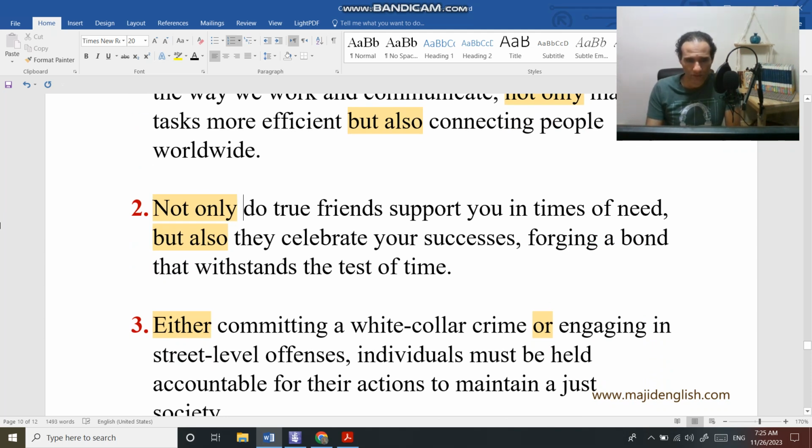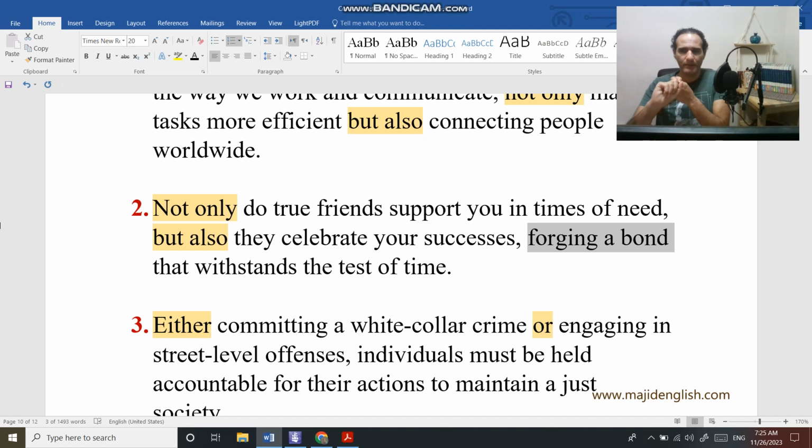Number 2, not only do true friends support you in times of need, but also they celebrate your successes, forging a bond that withstands the test of time. What a beautiful sentence. Forging a bond.